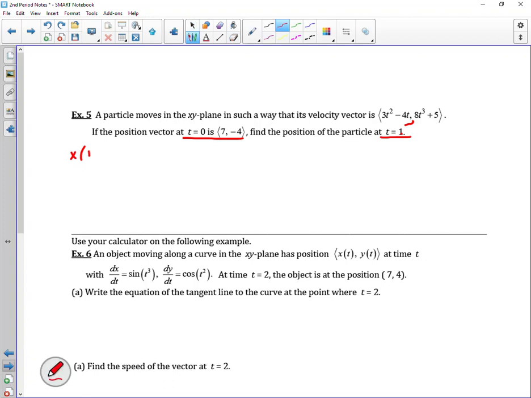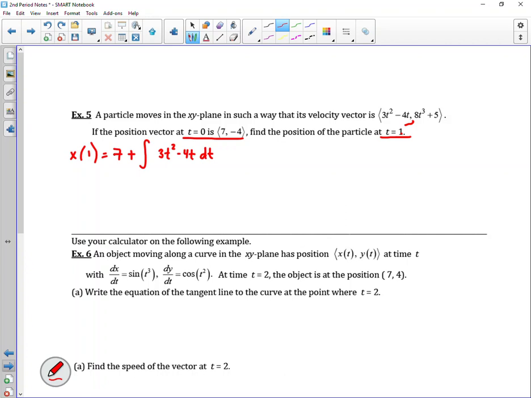X of 1 is going to equal, where do I know I am initially? 7 for x, right? So it'll be 7 plus the integral of the x component, 3t squared minus 4t dt.